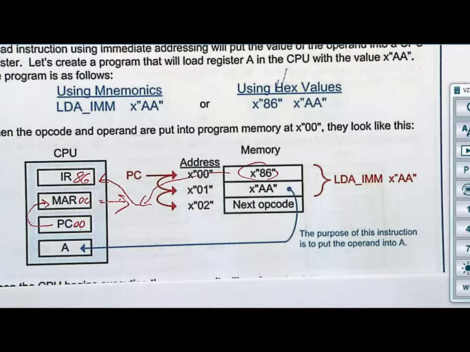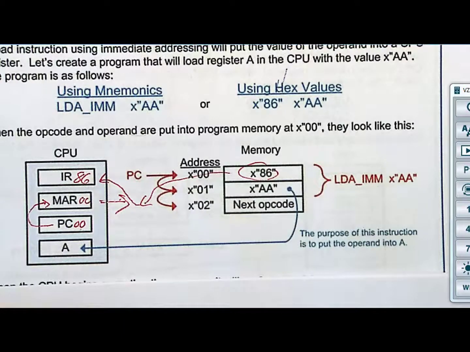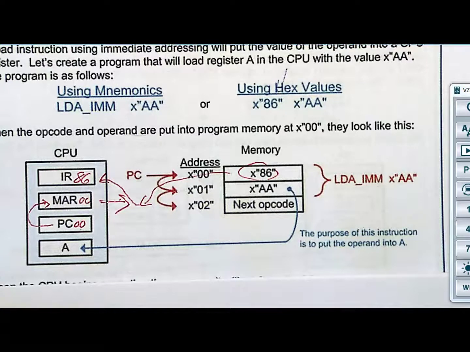Why would we increment the program counter? Because we know almost always we're going to read from that next address. We don't even know if it's an opcode or an operand yet. We haven't even decoded the opcode. We don't know what's next. We do know that we will go to that next address once we either execute this instruction or we're done.